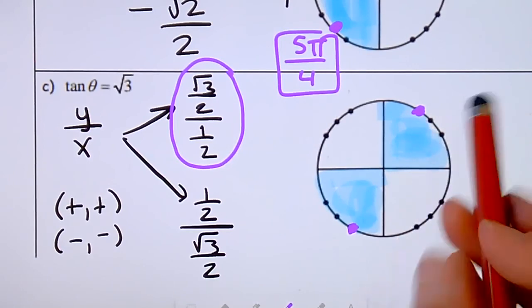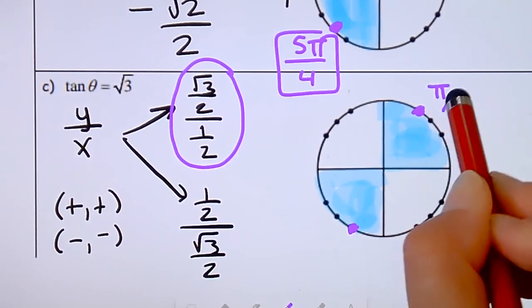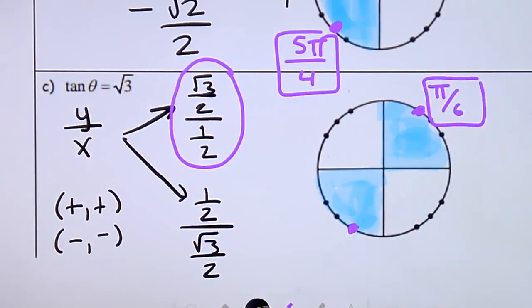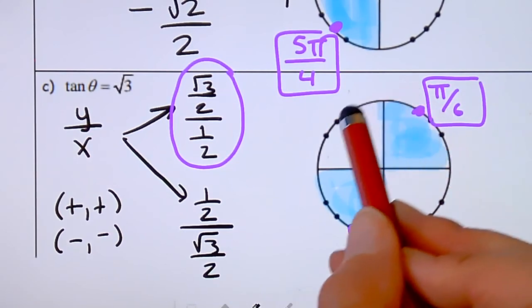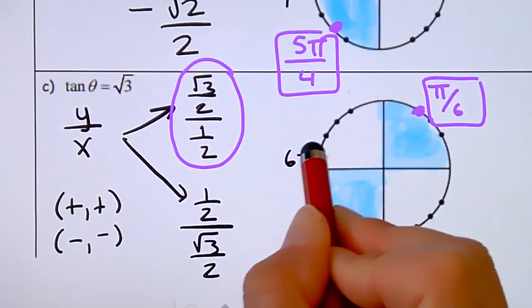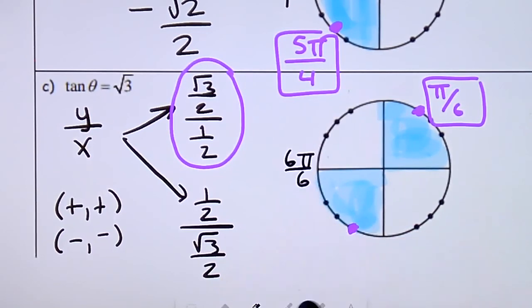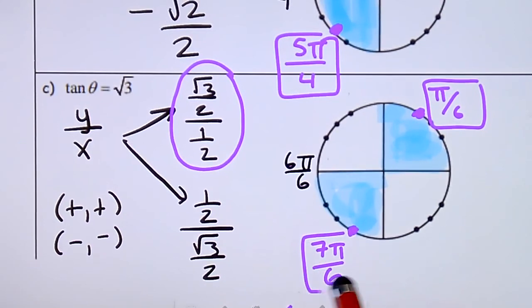Now these are 6. This is actually π/6, so that's one answer. And again, sometimes it helps me. Pi would really be 6π/6, which means this is 7π/6. And those are my two answers. And that's part 1 of the practice test.